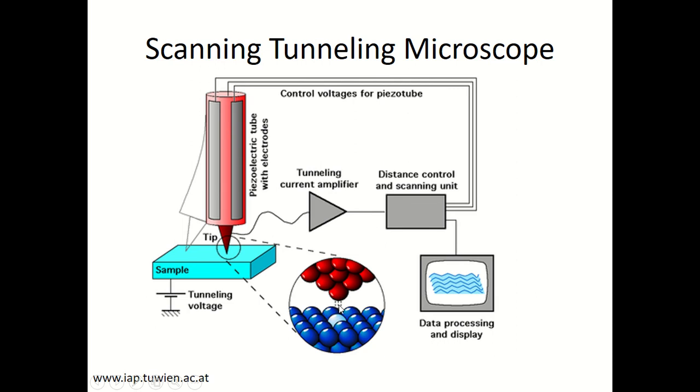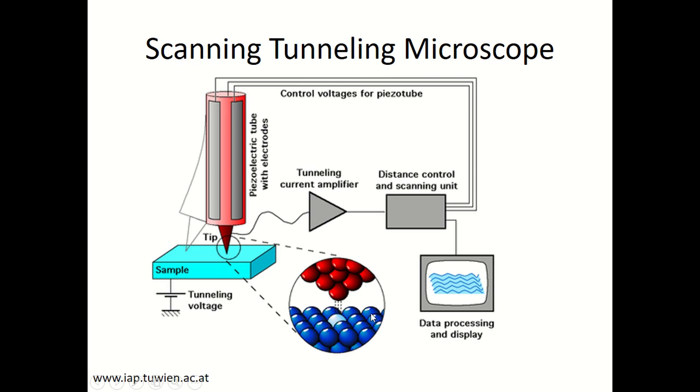This way the distance is maintained. If current is higher, voltage is higher, they shrink. If current is lower, voltage is lower, they expand. So this way the distance between STM tip and sample surface is maintained. And based on the tunneling current, as we have seen in the animation, the position of atoms on the sample surface is detected.